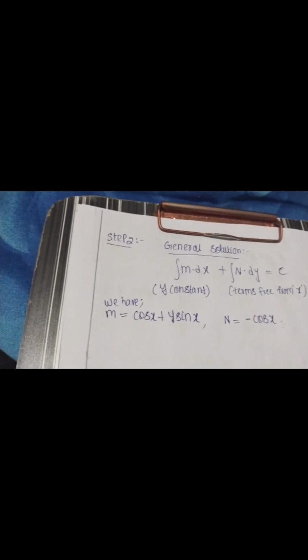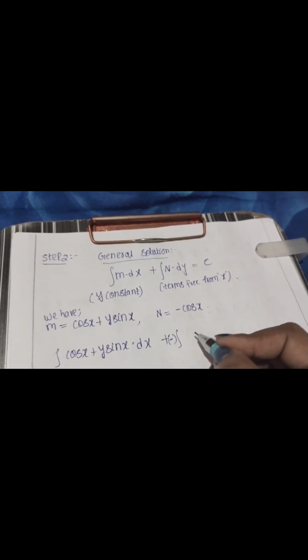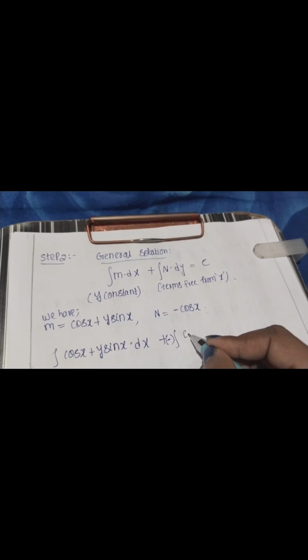So now let's put this cos x plus y sin x into dx plus of minus. Here the terms should be free from x, right? Here it is 0 into dy, that equals c.